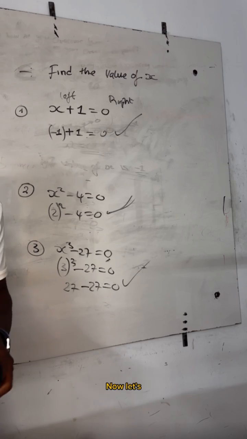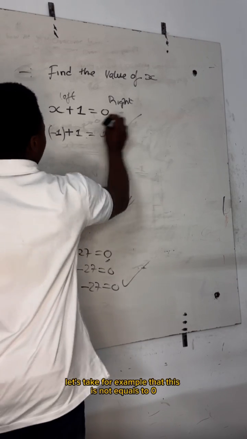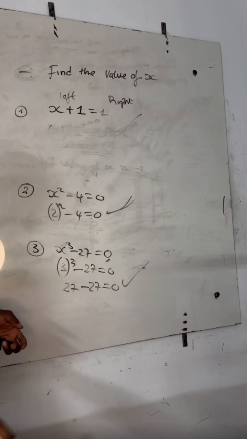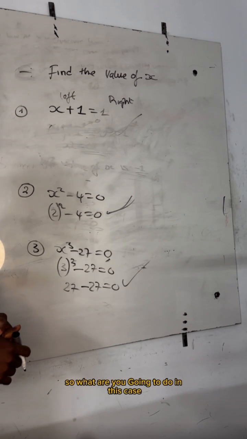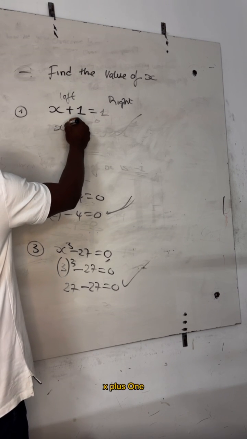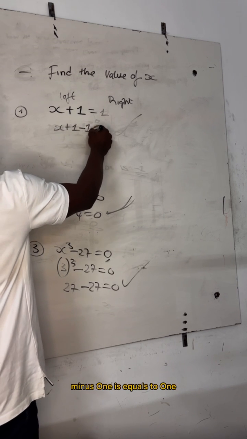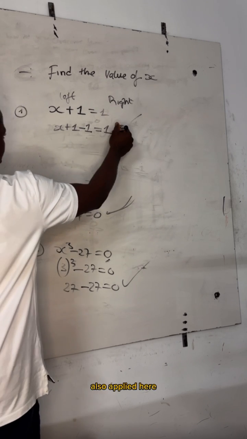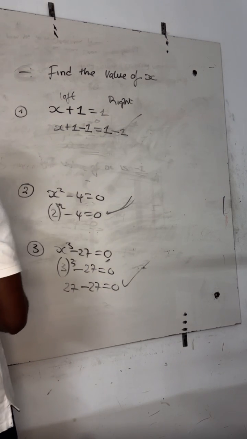Now let's take for example that this is not equal to 0, it's equal to 1. So what are you going to do in this case? You simply go ahead and say x plus 1 minus 1 is equal to 1 minus 1. Whatever you apply here, you also apply there.